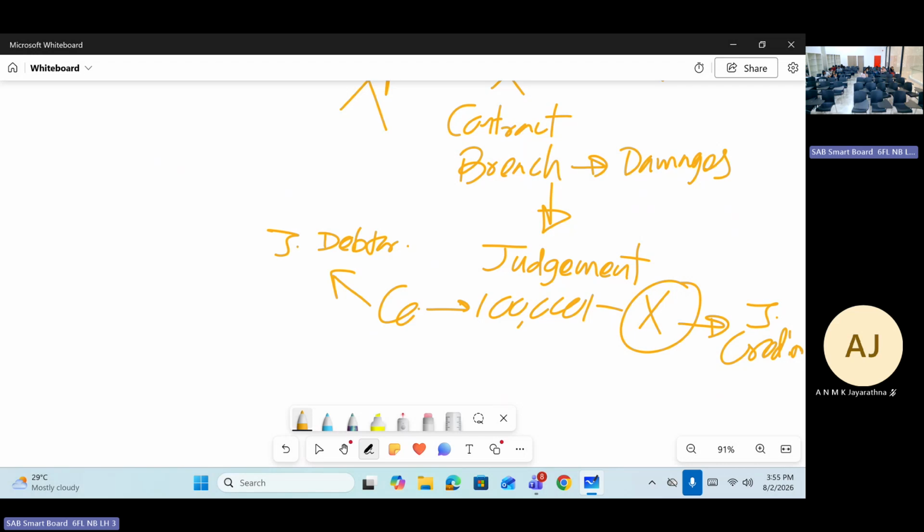Before that, there is another option given to the judgment creditor: to execute the judgment. That is the same as execution.